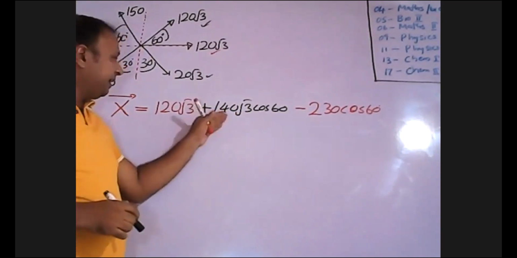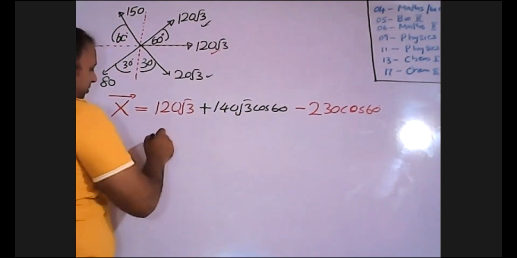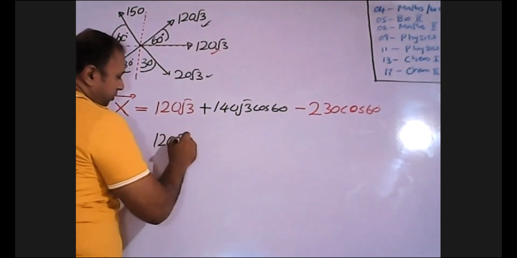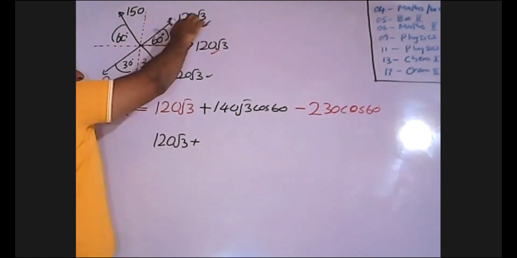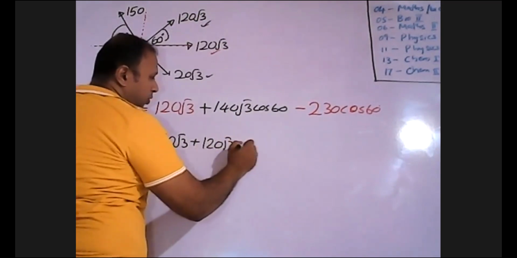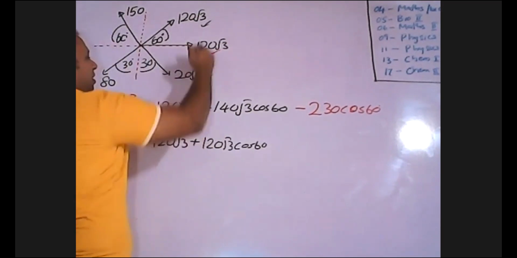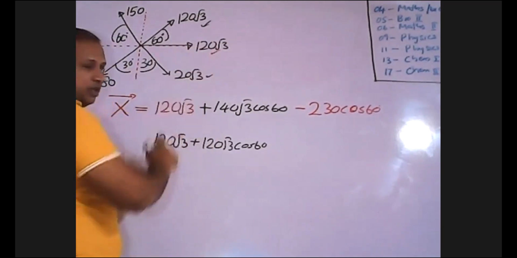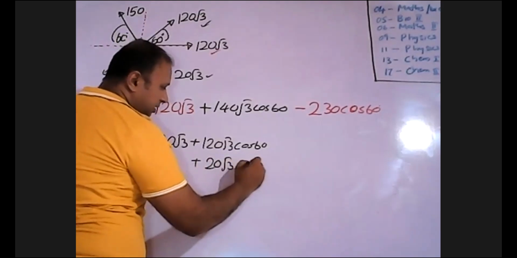If you want, I can show another step. Write that one. 120 root 3, if you resolve 120, that means 120 root 3 cos 60. If we resolve 20 root 3, that means plus 20 root 3 cos 60.